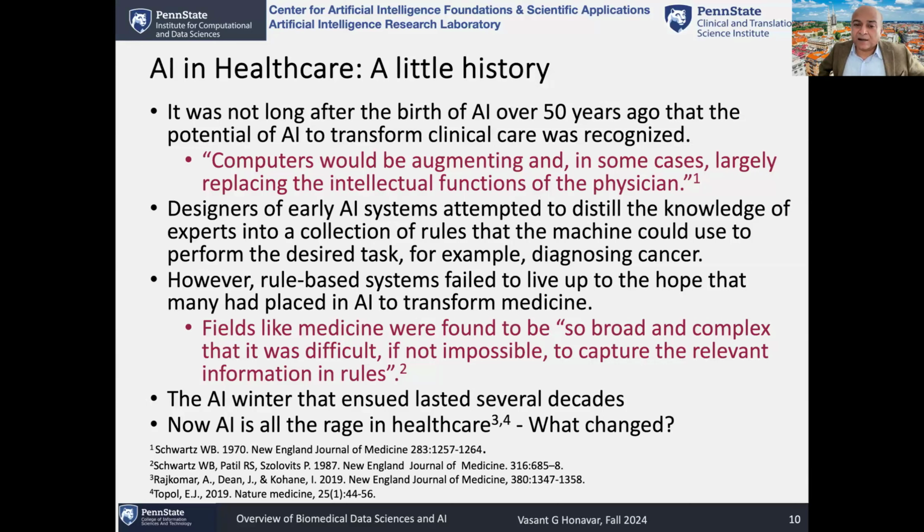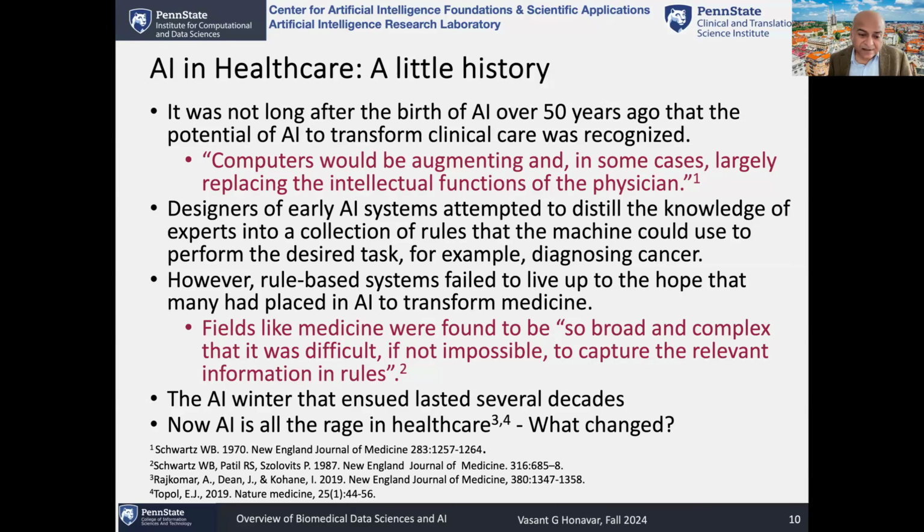The designers of early AI systems attempted to distill the knowledge of experts into rules that the machine could use to perform the desired task, whether it was diagnosing cancer or blood infections. However, these rule-based systems failed to live up to the hope that many had placed in AI, because coming up with these rule sets turned out to be too complicated and too expensive.